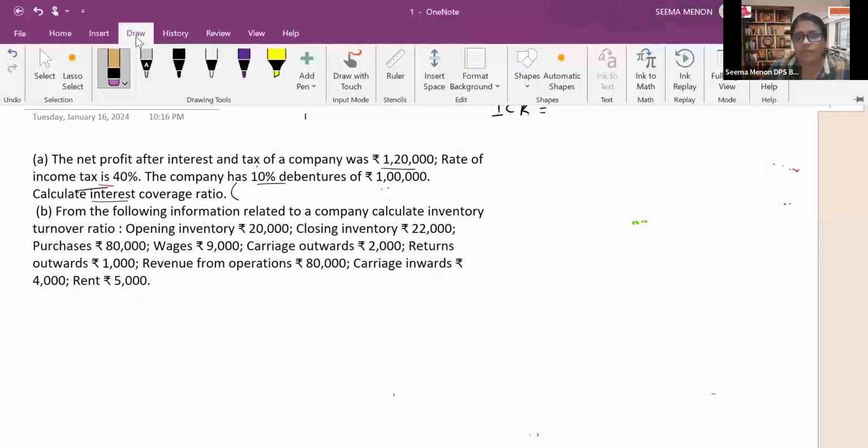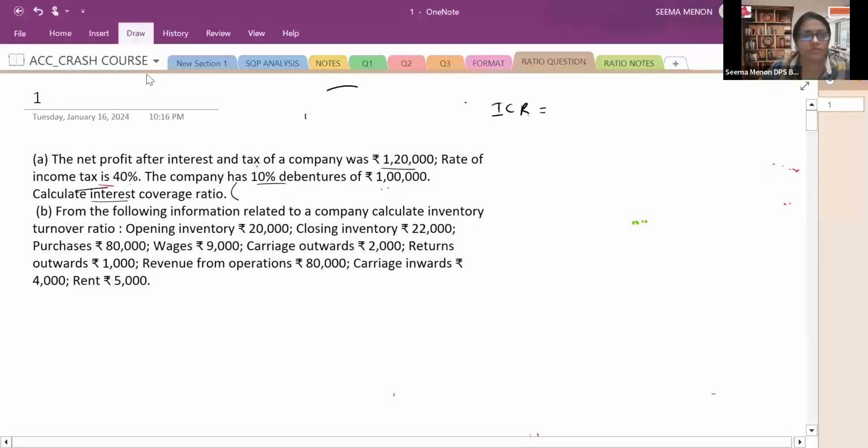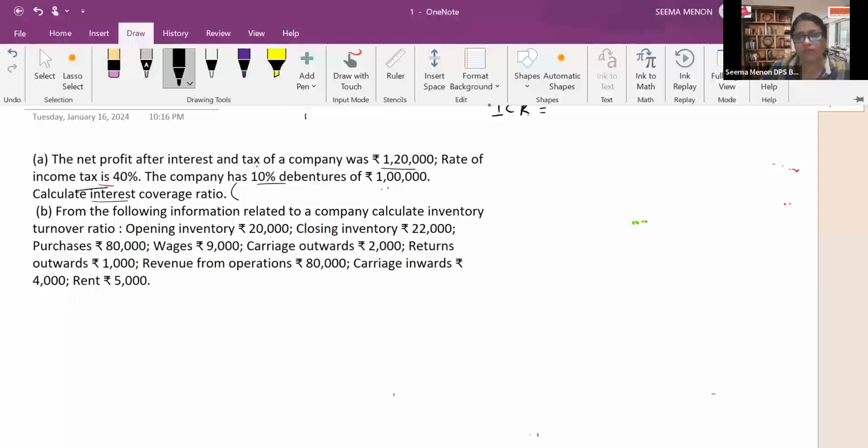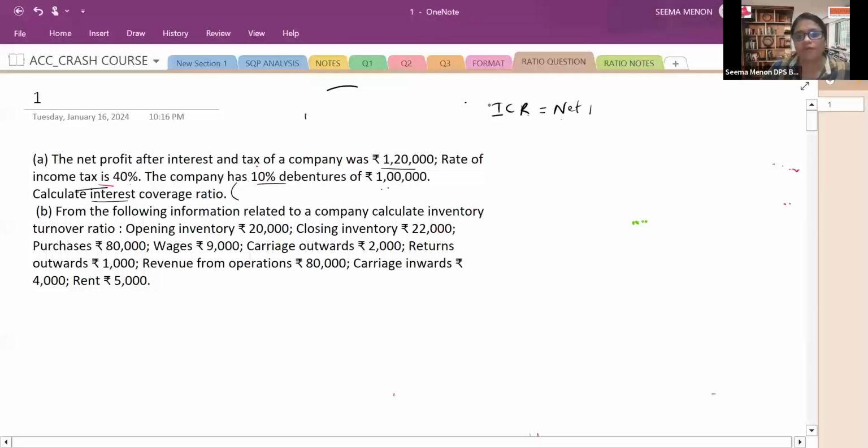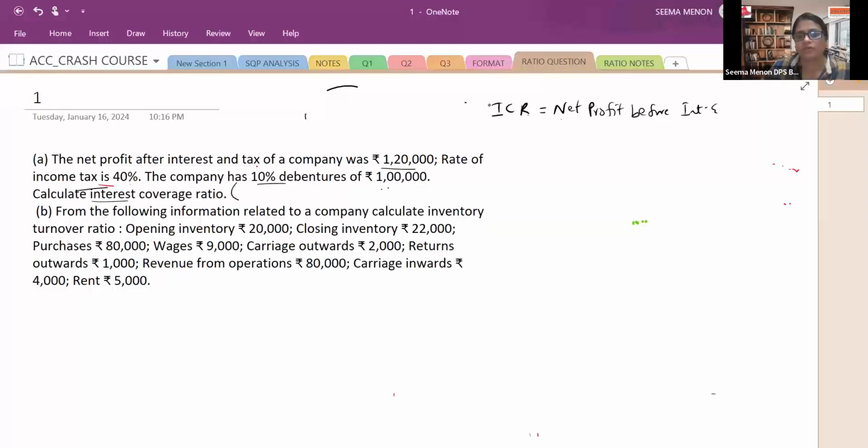So write it, net profit before interest and tax, upon interest on long-term debt or the fixed financial charge.